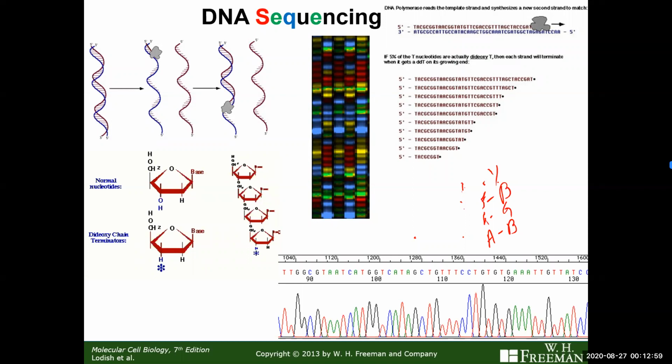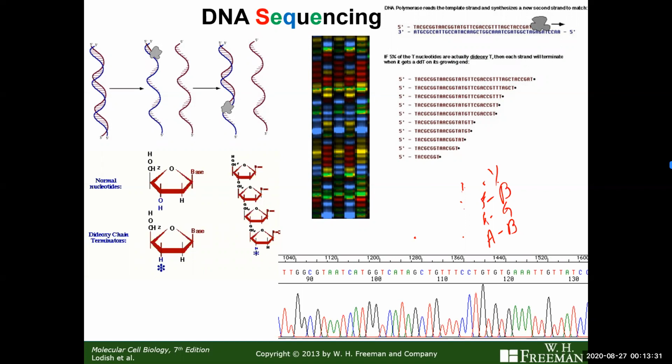Now, you will have these dideoxy ones, which are all fluorescently labeled, and wherever they are incorporated by chance, that's where the DNA elongation will stop. A fluorescent nucleotide gets incorporated and DNA elongation will stop right there.